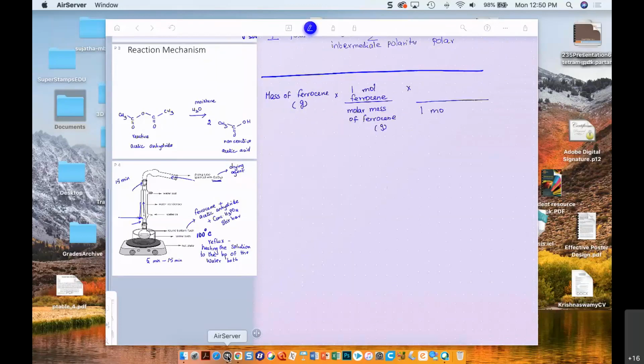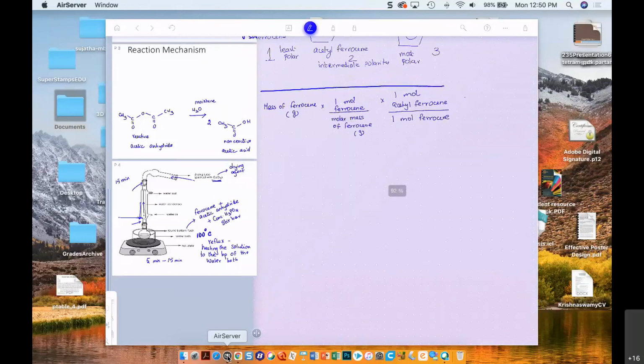So 1 mole ferrocene on the bottom, 1 mole acetylferrocene on the top. I've also given you the molar mass of acetylferrocene. I think I gave you all of those, so I'll take another look at it before I close today. Molar mass acetylferrocene. So this should give you the theoretical yield.